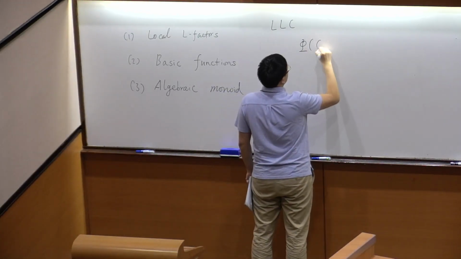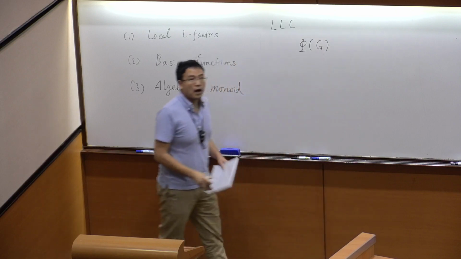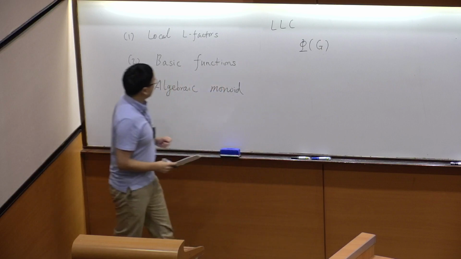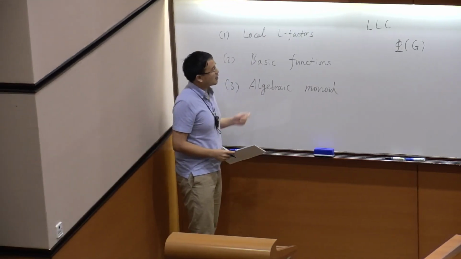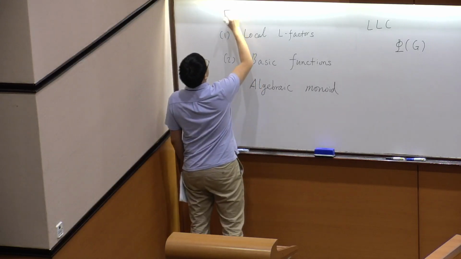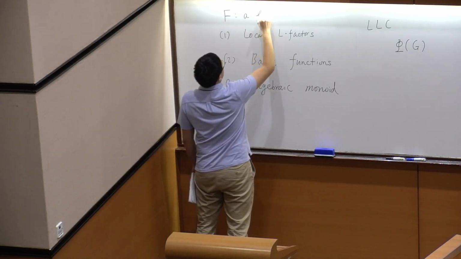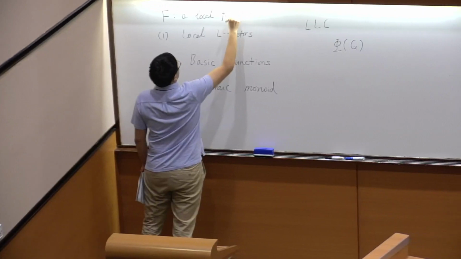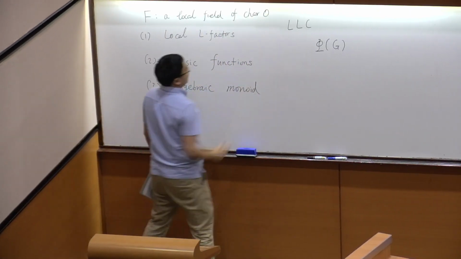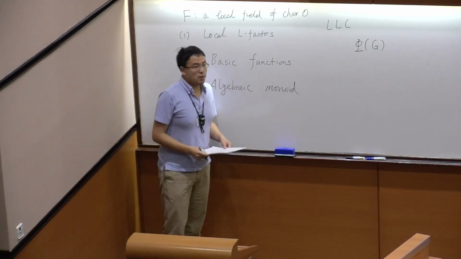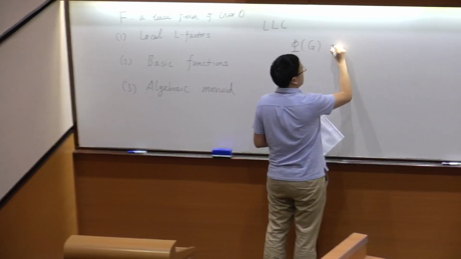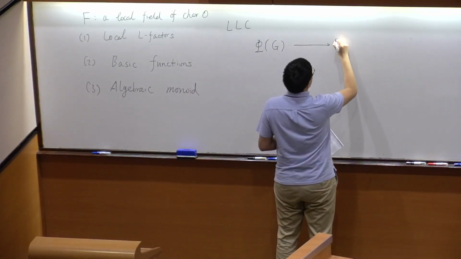Let's say G is still a connected split reductive group defined over F. And in all my talks, I'm going to restrict to local fields. So I take F to be a local field of characteristic 0. Okay, so the Langlands correspondence gives us a surjective finite-to-1 map to the irreducible admissible representations of G.